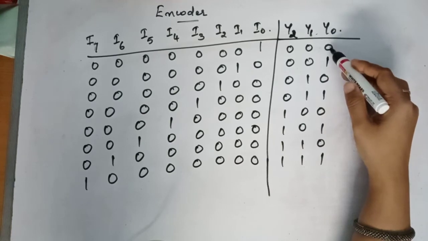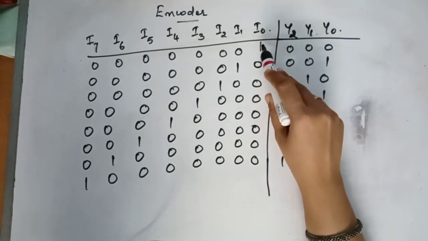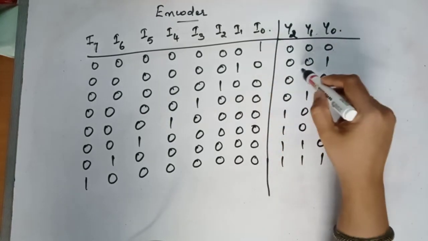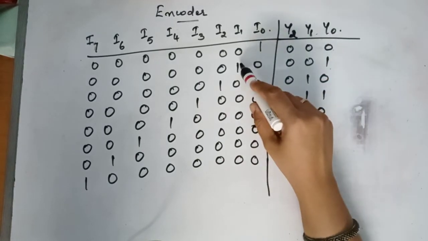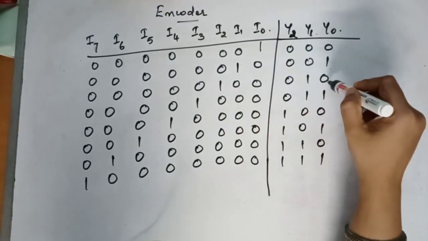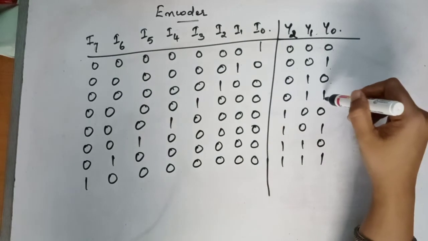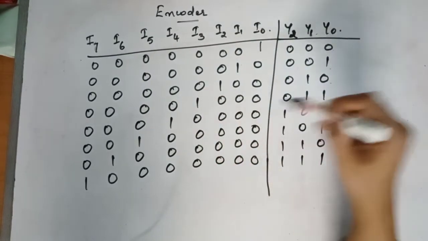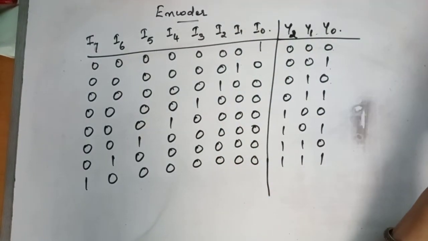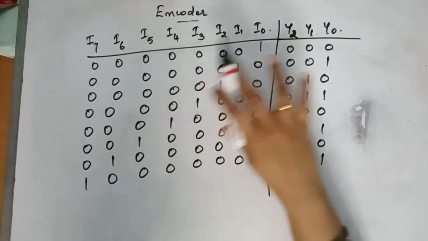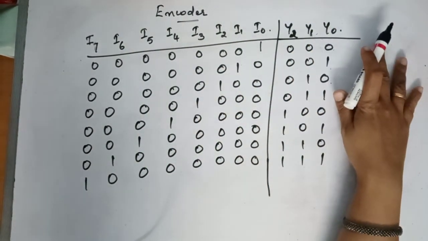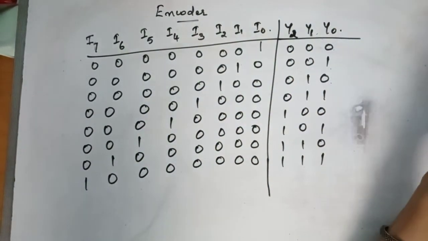Output is 0 when my input I0 is 1. Output is 1 when my input I1 is 1. Output is 2 when I2 is 1. 3 when I3 is 1, likewise. So this is the actual way of writing the encoder truth table.